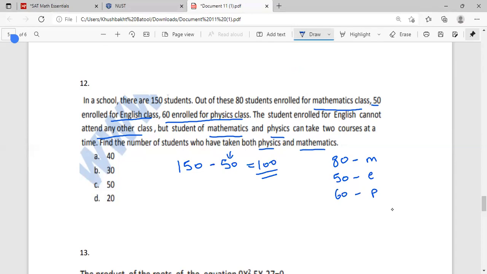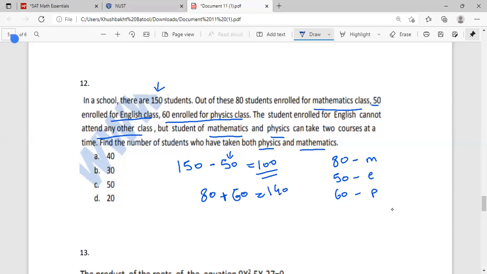Now we know that 80 students are enrolled in maths class, 60 students are enrolled in physics class, and students who are taking maths and physics can take two courses. And the total number of students is 150. And when we subtract 50, we get 100. Okay. Now let's see how many students we get from maths and physics. So we get 140. Okay.